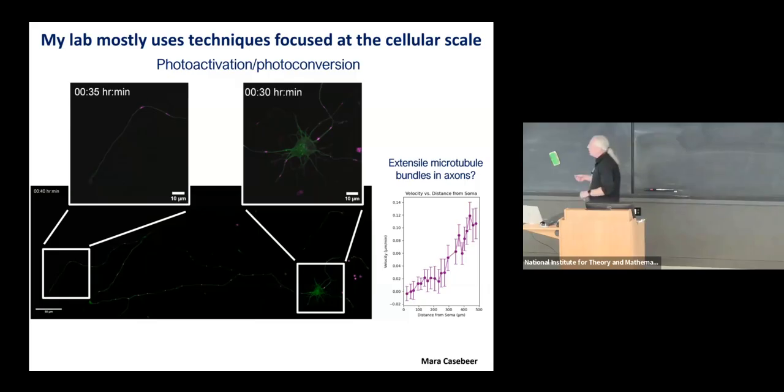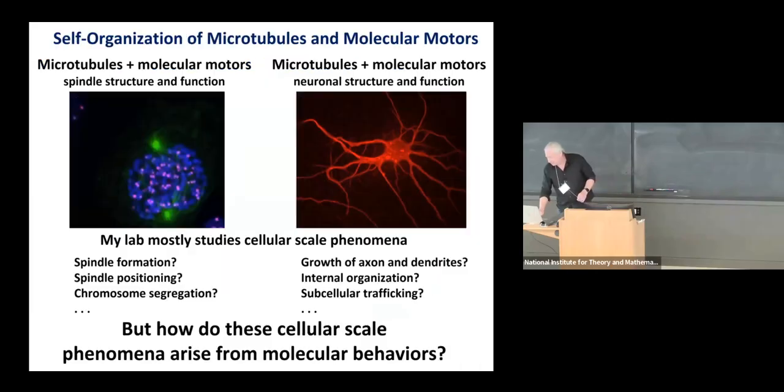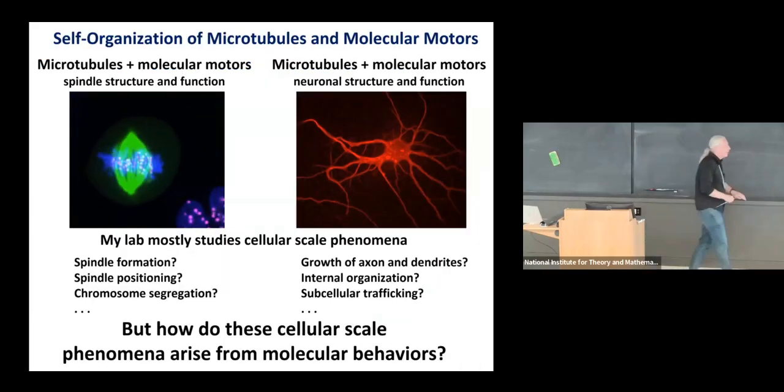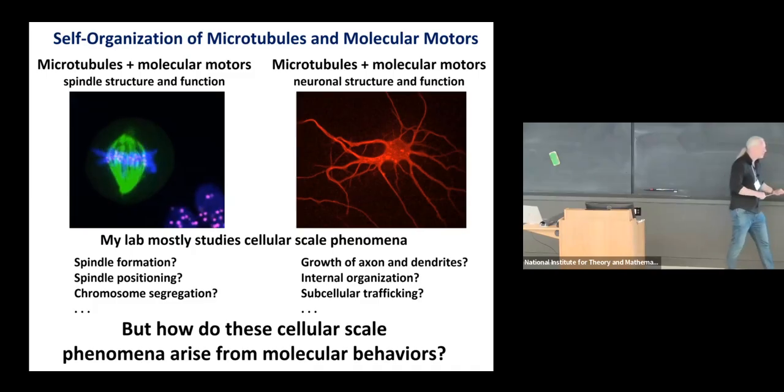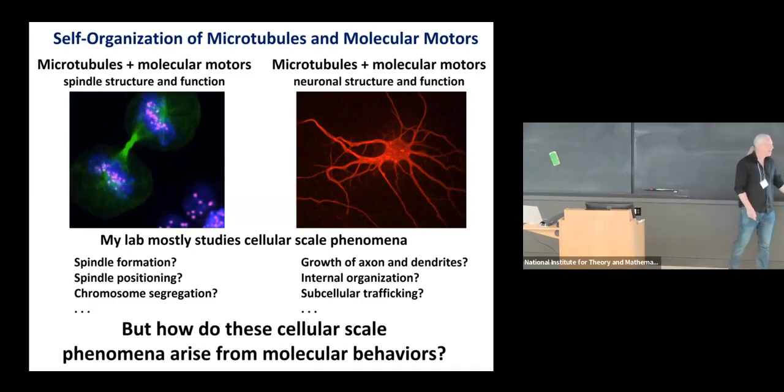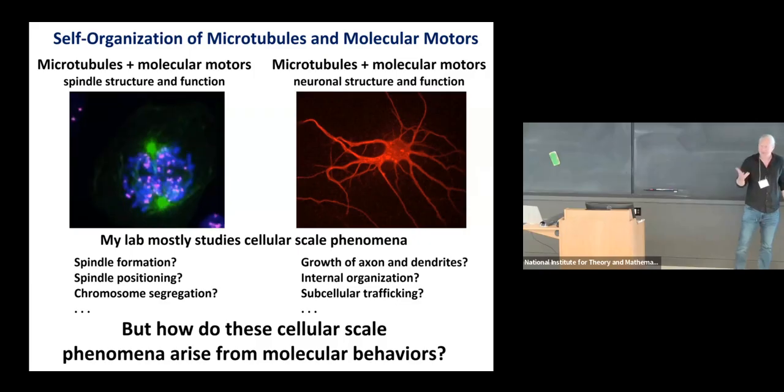Anyways, the point is that these measurements and this type of analysis, and even thinking about it in this way, are all at a very macroscopic, large length scale. And that's great and very interesting, but it's also very interesting to ask how these cellular scale phenomena arise from the actual molecular behaviors.